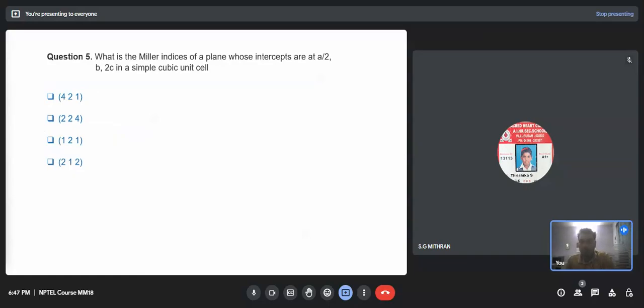What is the Miller indices of the plane whose intercepts are a by 2, b, and 2c in the simple cubic unit cell? Here I'll just write down.